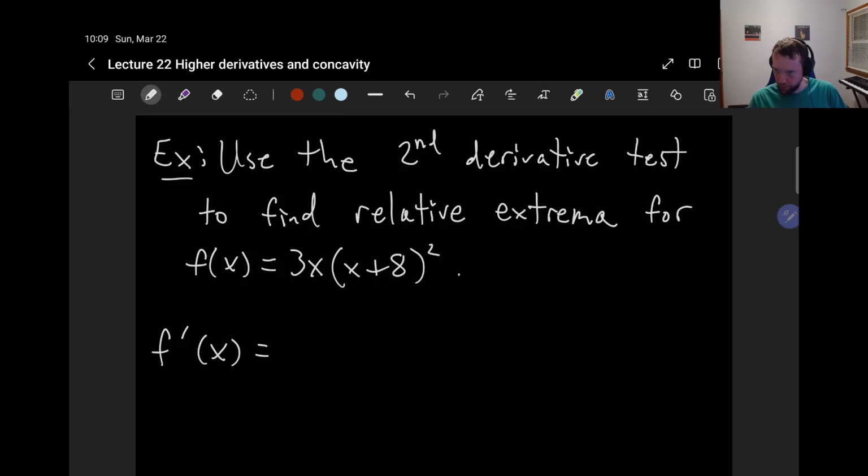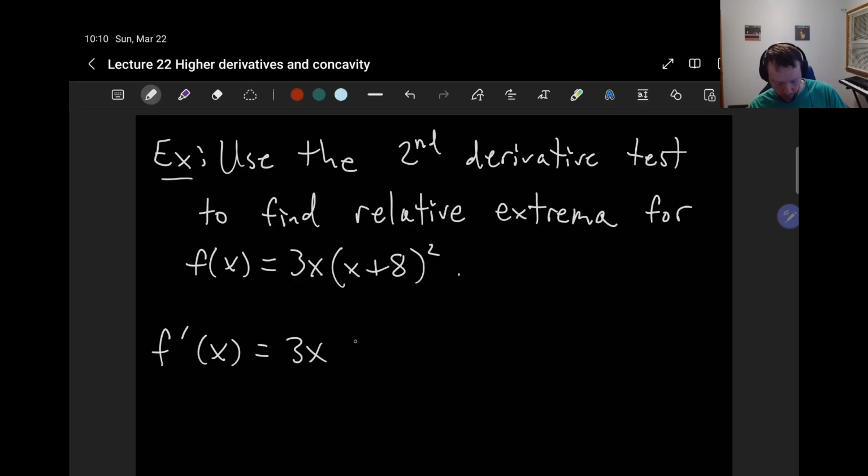If we're doing the second derivative test, then we need to find the second derivative. And in order to do that, we'll need the first derivative first. Notice I have a product of two functions of x. So we need to use product rule.